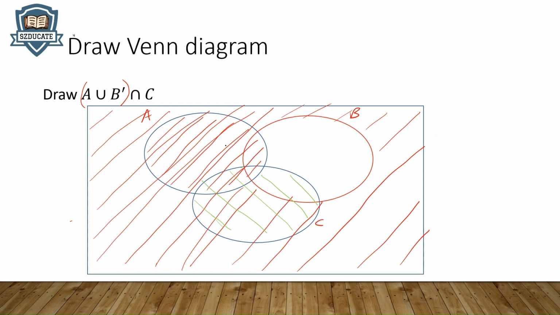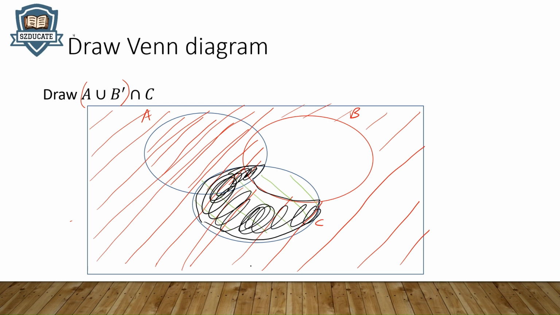Now the whole of C has been shaded, so here is included as well. So this part, all the way to here. So this is A union B prime, intersect C.